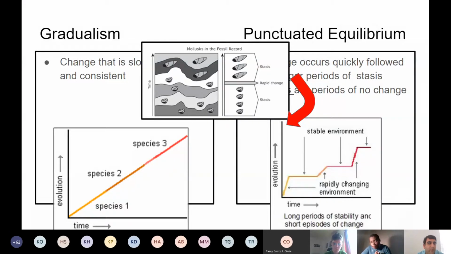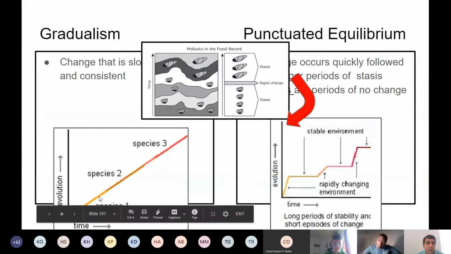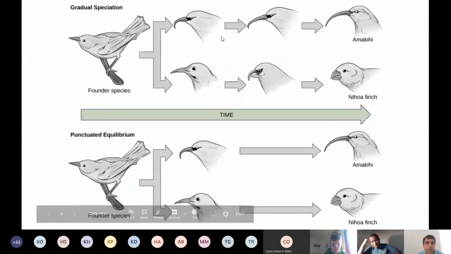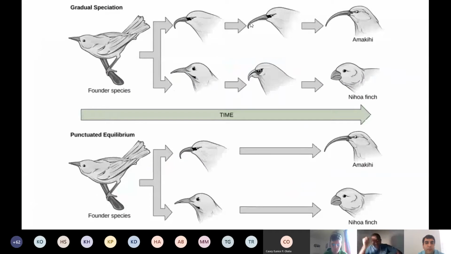So gradualism has to do with things slowly changing over time. Notice how in this graph things just go from one to the next very smoothly. When you look at this picture, see how with the beaks, you can trace how it goes from this to this to this to this, like it all lines up, as opposed to this one down here where it starts out small and then just jumps to being big.